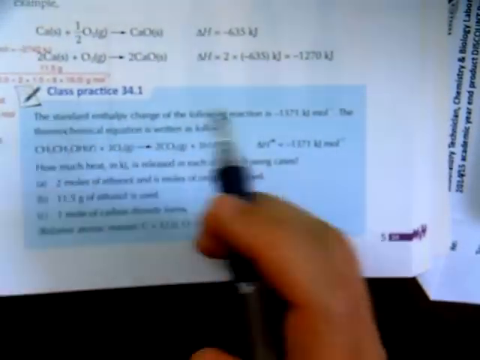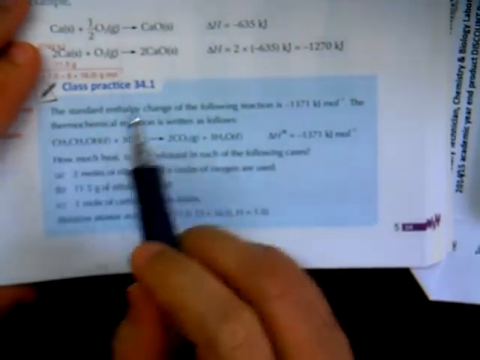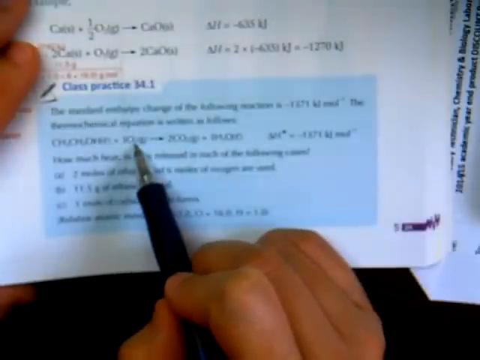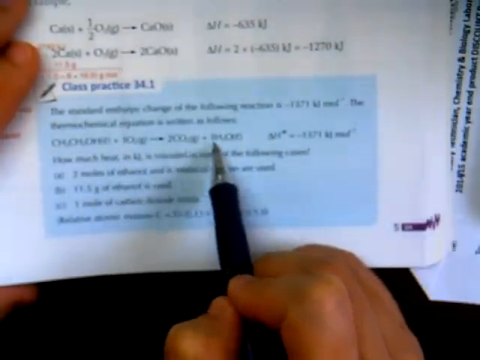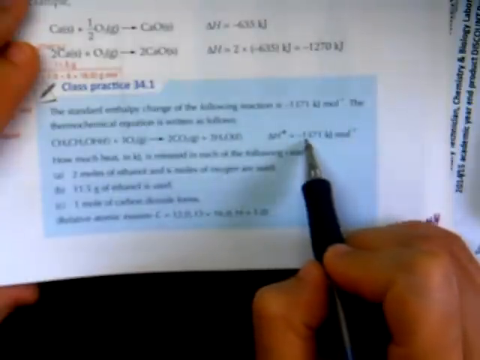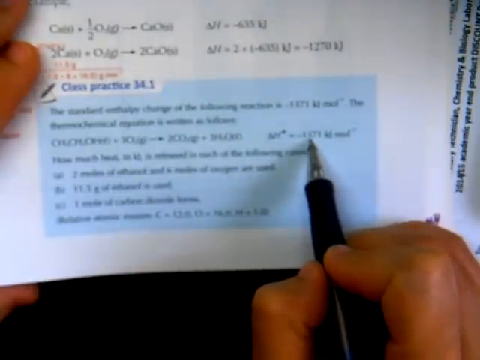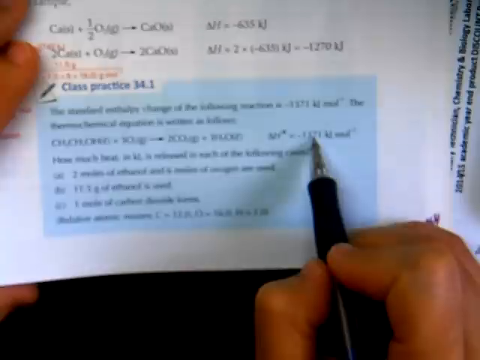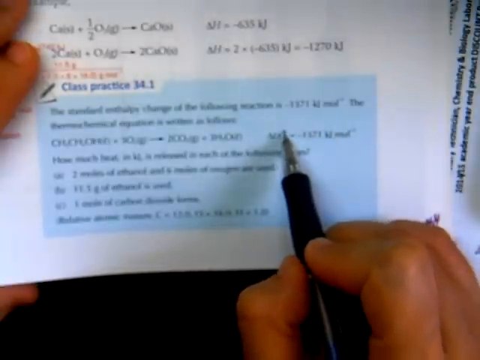When 1 mole of ethanol liquid reacts with 3 moles of oxygen to form 2 moles of carbon dioxide and 3 moles of water liquid, 1,371 kilojoule of heat is released under standard conditions.